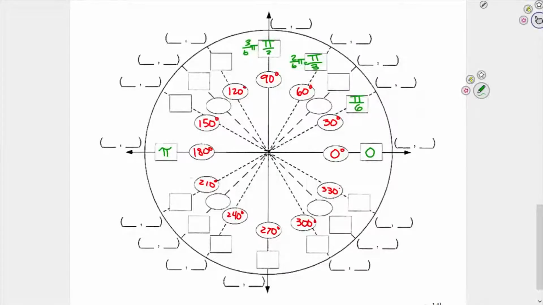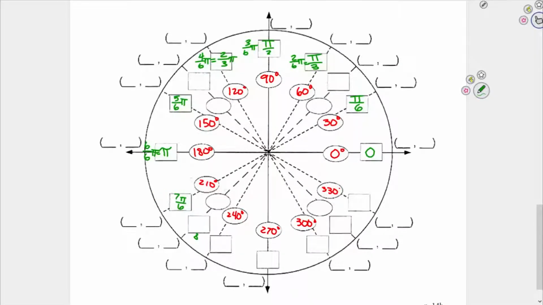Then I get 4 sixths pi, but 4 sixths is 2/3 pi. Then I get 5 sixths pi, which can't be simplified. This is 6 sixths pi, which is just pi. I get 7 sixths pi, which can't be simplified.